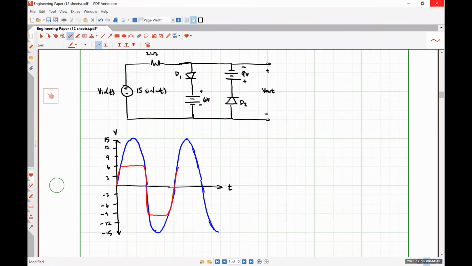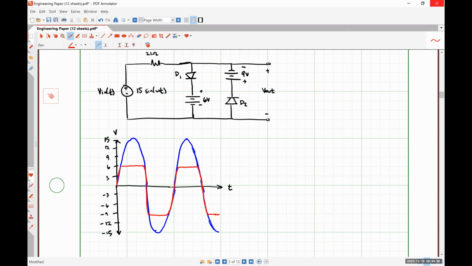And this is going to happen over and over and over. So the diodes in series with these batteries force our output to stay between these two specific values.